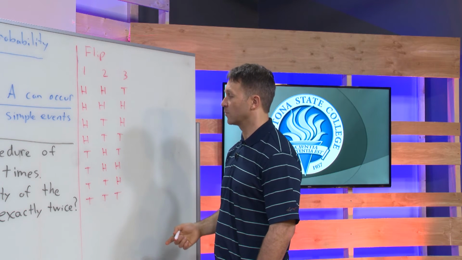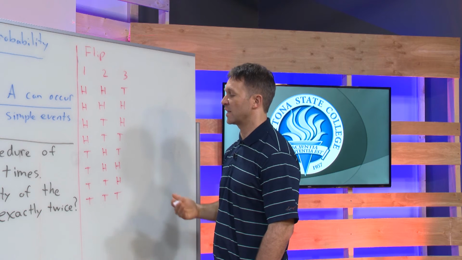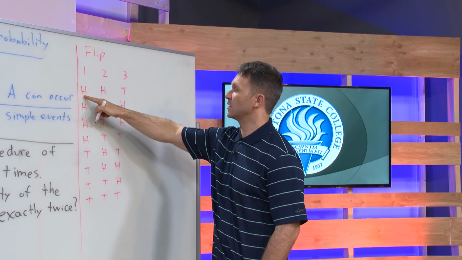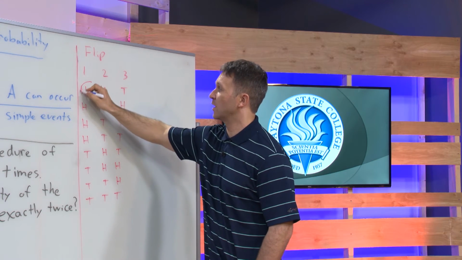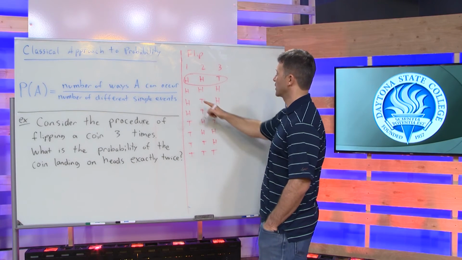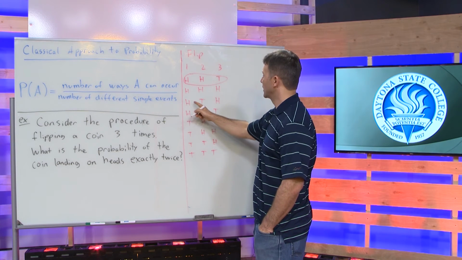Okay, and with the classical approach, we have to look at this now and think, how many ways are there to get exactly 2 heads? Now let's look. This first thing I listed, heads, heads, tails, that's exactly 2 heads. All right, where else do I have exactly 2 heads? Okay, this would be heads, heads, heads. This would be heads, tails, heads.